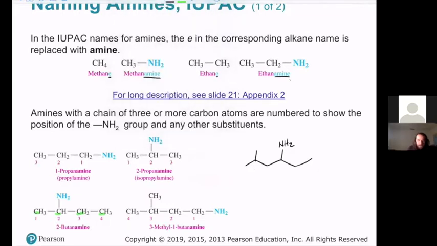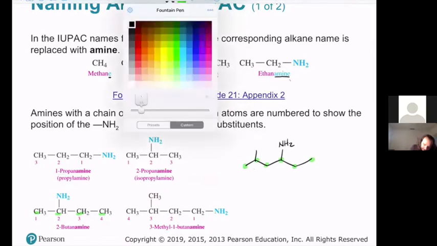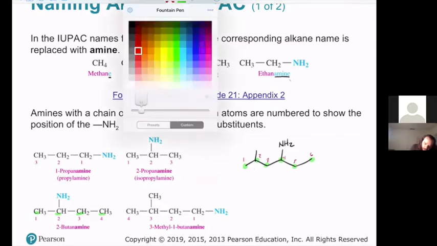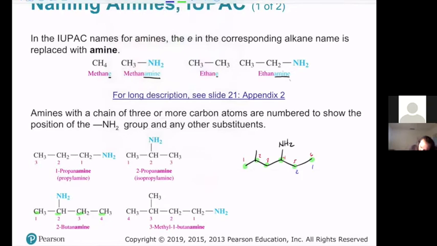So first step, as always, is to find that longest continuous set of carbons. That's your parent chain. And then you can number the parent chain both ways, left to right, 1, 2, 3, 4, 5, 6, or right to left, 1, 2, 3, 4, 5, 6.